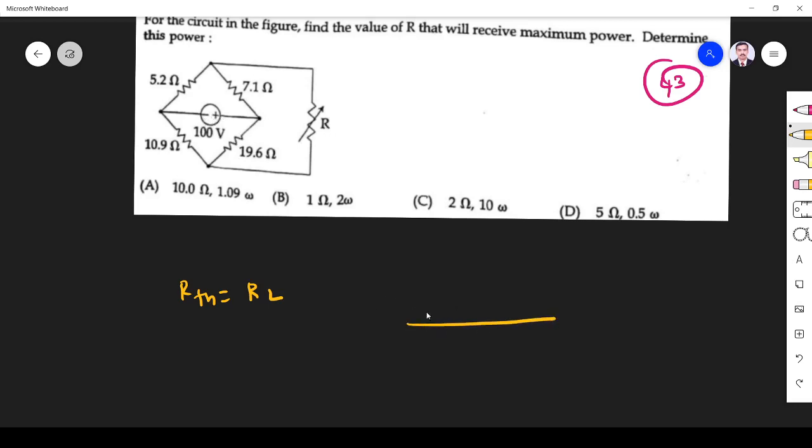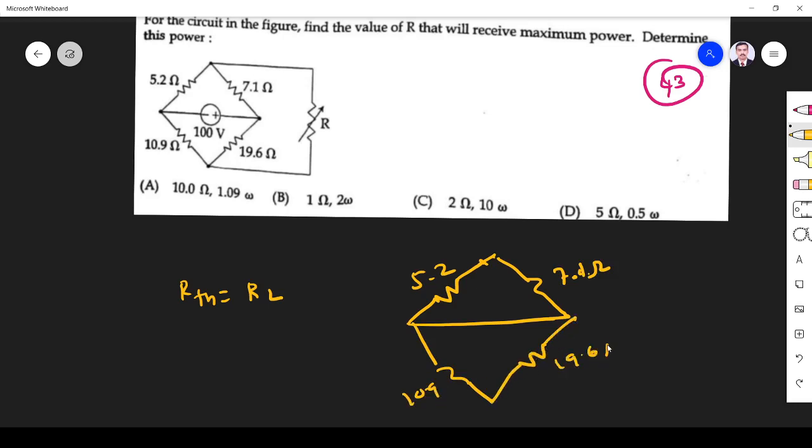So I get this circuit like this. Right? So this I shorted voltage source. This is 5.2. This is 7.1 ohm. Similarly, here it is 10.9. Here it is 19.6 ohm. So this resistance is the equivalent Thevenin's resistance.